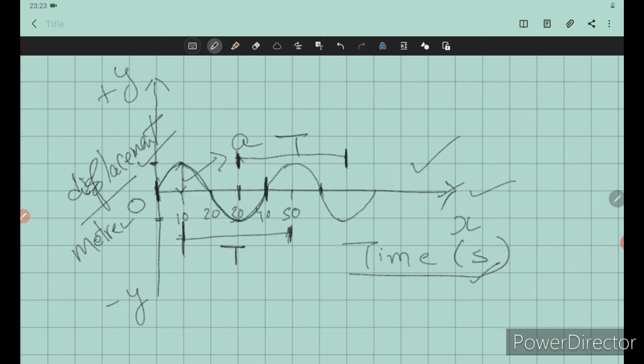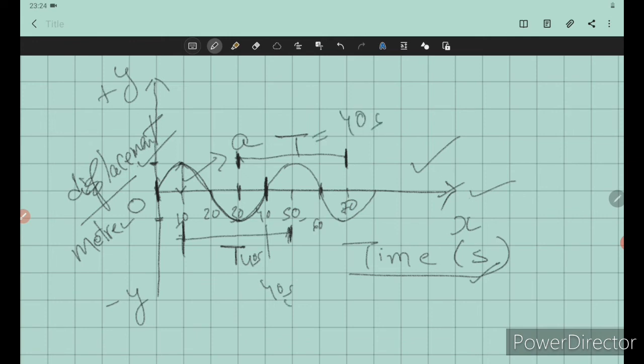So every time the value should be the same. Here the value is from 0 to 40, so 40 seconds. Here it is 50 minus 10, which is also 40 seconds. Here, 70 minus 30 again gives me 40.